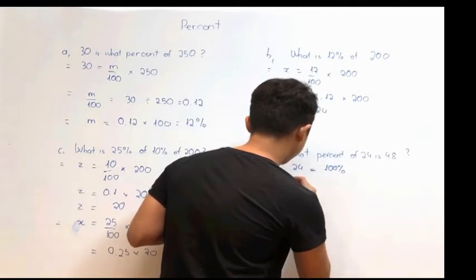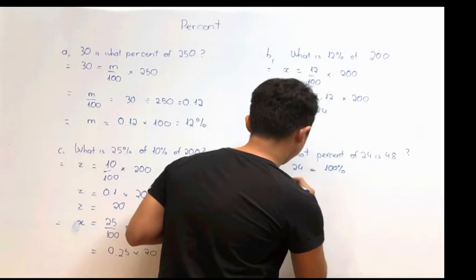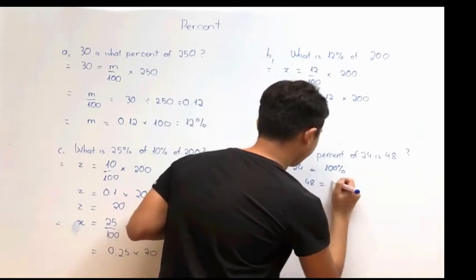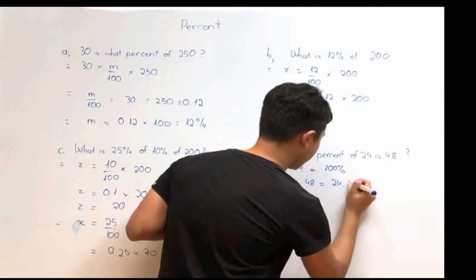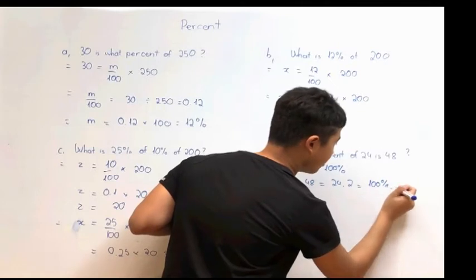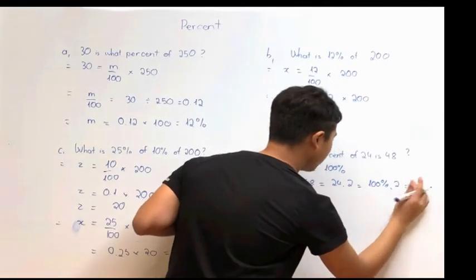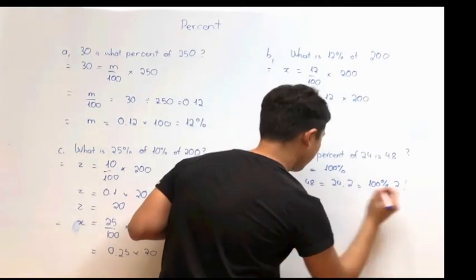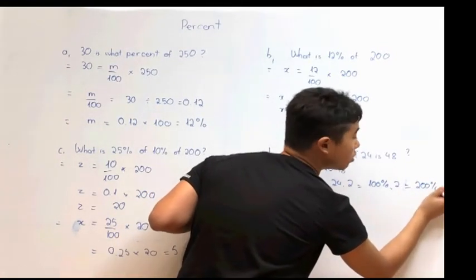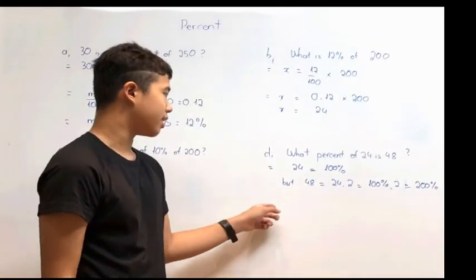So 48 is equal to 24 times 2, equal to 100% times 2, equal to 200. So the answer is 200%.